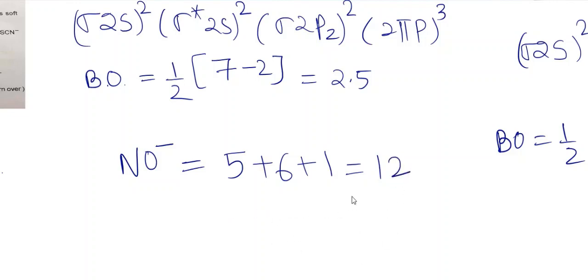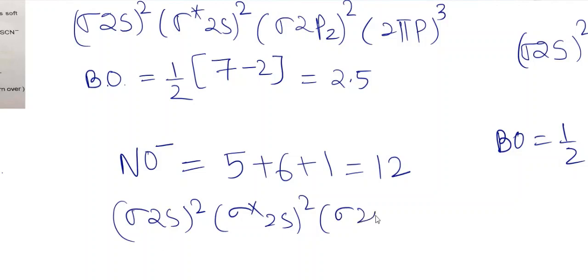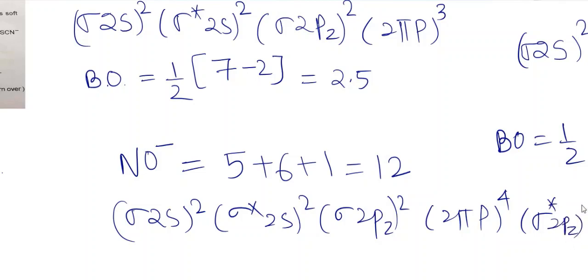Similarly, I will put all the electrons in the configuration: sigma 2s2, sigma star 2s2, sigma 2pz2, pi 2p4, then sigma star 2pz1.